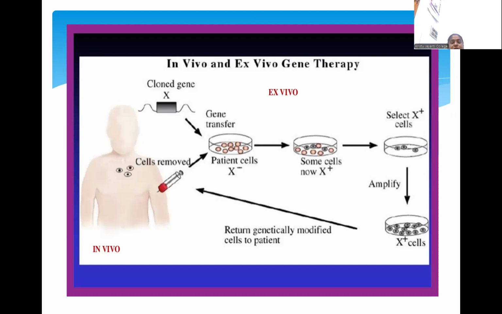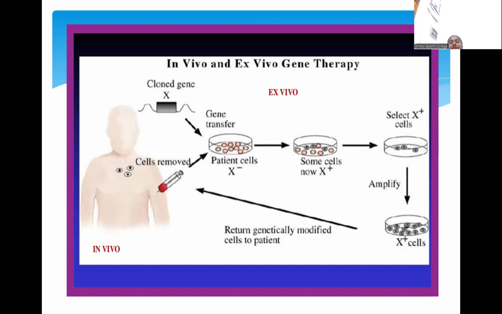The cells having the mutated gene are removed from the patient, and the faulty gene in those cells is replaced by the correct gene and cultured in the laboratory.